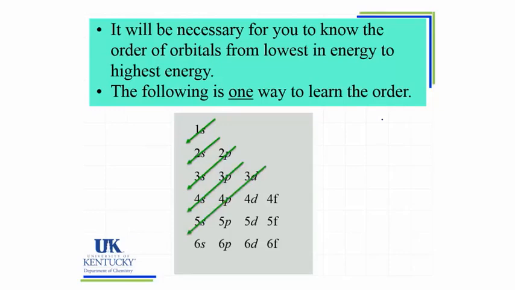The next diagonal arrow will be 4d, 5p, 6s, and so forth. So if you follow the green arrow that I've laid down here, you'll know what order they get filled in. In the Aufbau principle, we put electrons in, filling up these sublevels as we go. Knowing the order will be essential.